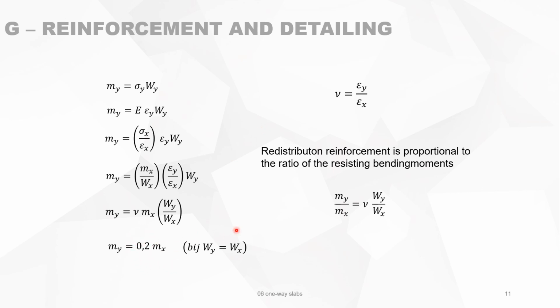It is just the coefficient of Poisson, on the condition that the resisting bending moments are equal in x and y direction. It implies that no redistribution reinforcement or secondary reinforcement is needed, in fact, if the coefficient of Poisson is 0 or if the resistance in the y direction is 0.